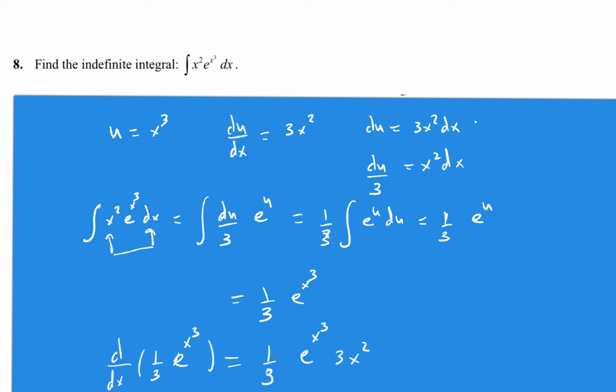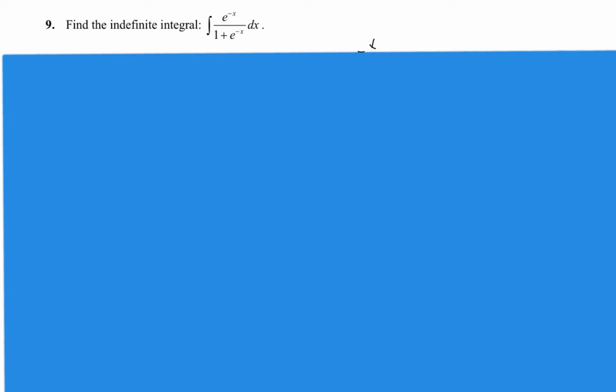Now the 3 will cancel with the 3, and I will obtain the integral x squared e to the x cubed. So I have checked that I have not made any mistake. So let's do the next problem.